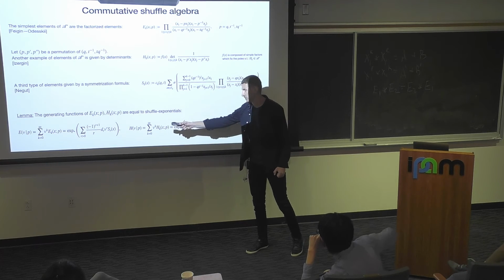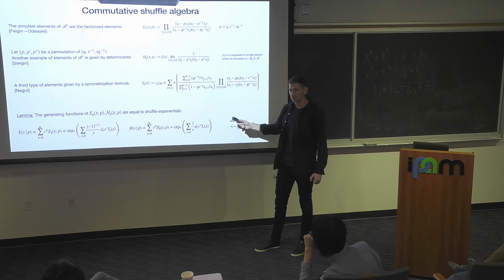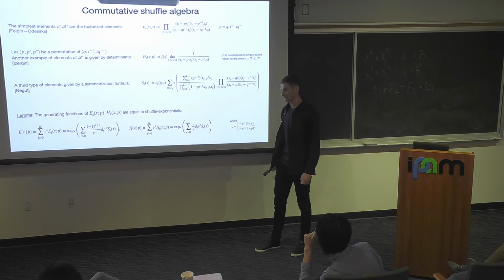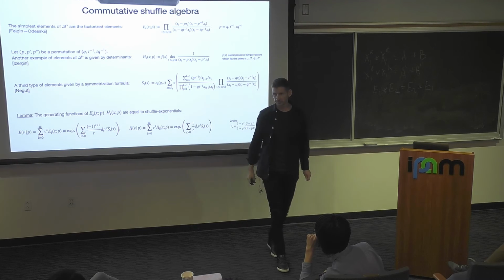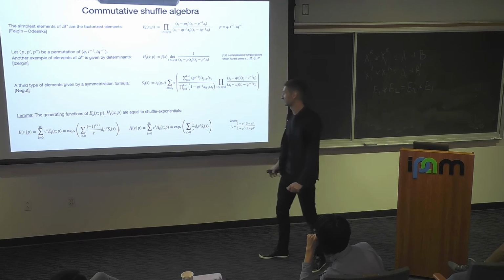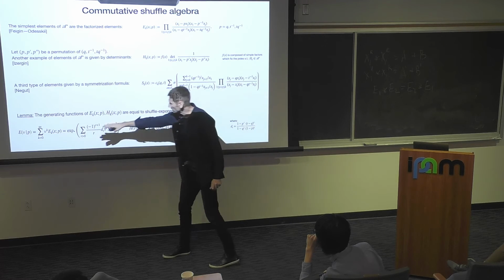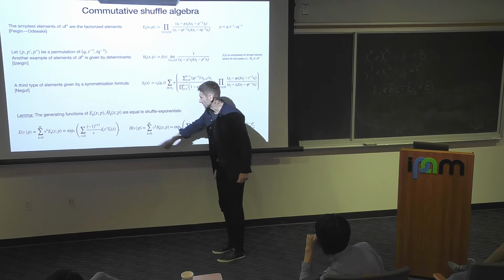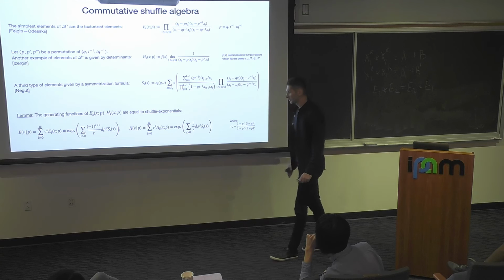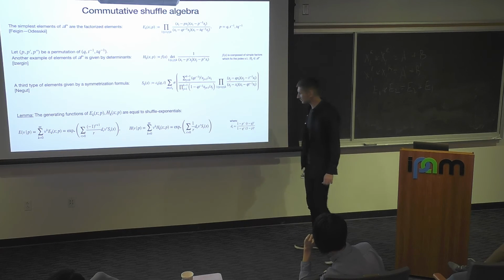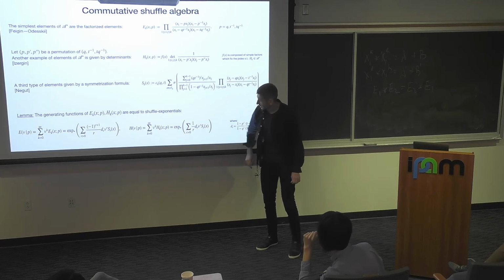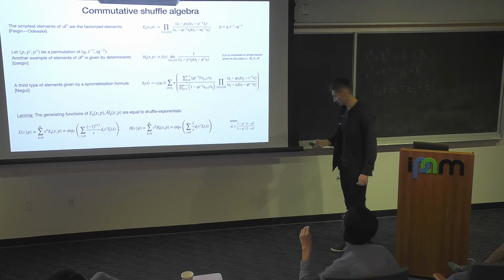And they have similar exponential formulas in terms of power sum symmetric functions. The hint here is that this S_k is the power sum symmetric function. It plays the same role as the power sum symmetric function for the elementary symmetric functions and for the homogeneous symmetric functions. This is completely analogous to the theory of symmetric functions. So this is a little lemma that I will use later.